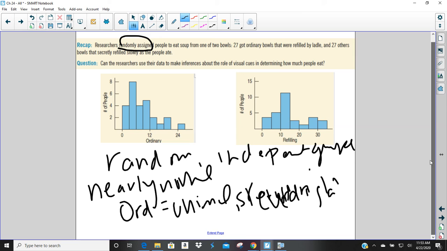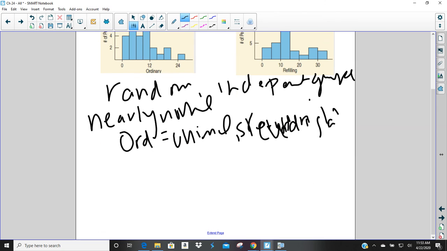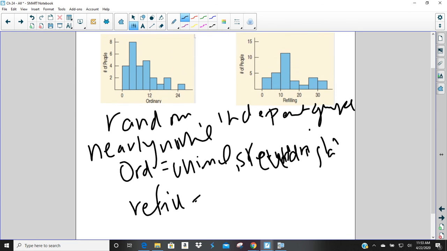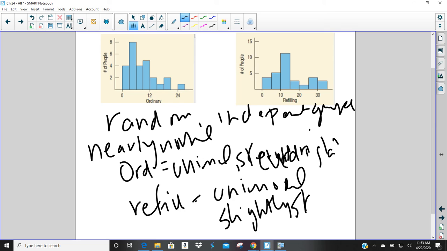With a number of 27, which is close to 30, you only need to make sure it's unimodal and skewed a little bit, which it is. The refill is also unimodal, and it is slightly skewed. So I wrote nearly normal. I was going to write a question mark, but I didn't. It is nearly normal, period.